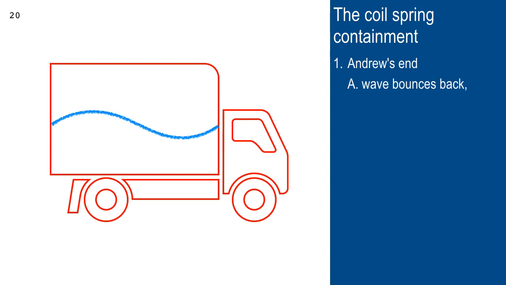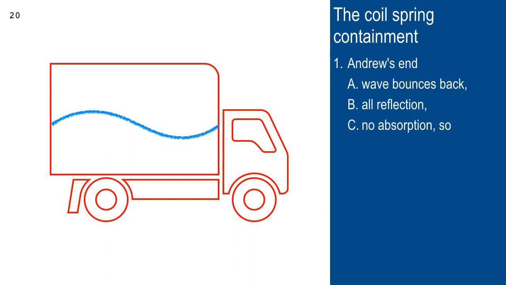Now, the coil spring containment. Andrew's end, he's out there basically generating waves. But when a wave comes back from Brad, it reflects back. It bounces back from Andrew's hand. So it's all reflection, and there's no absorption. Well, theoretically, there's no absorption.